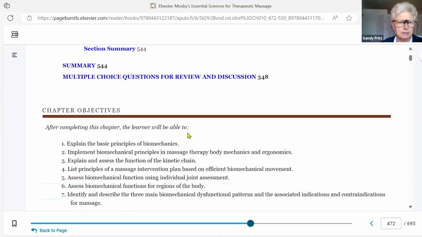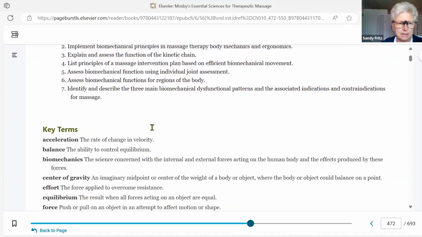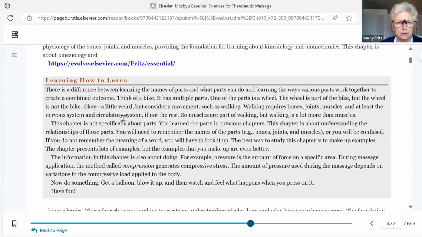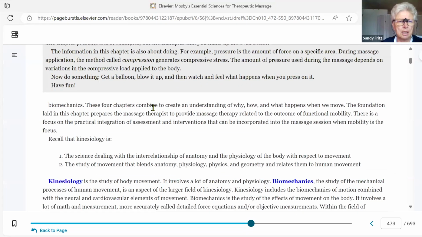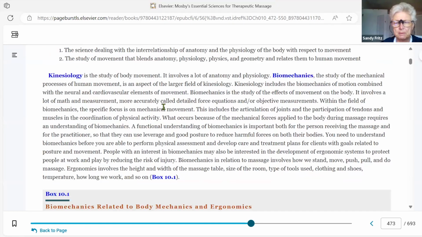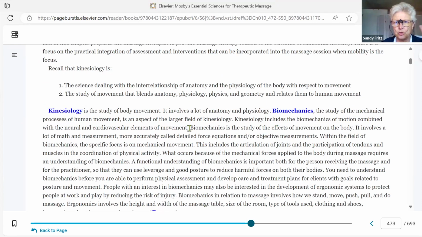All right, chapter objectives, key terms, learning how to learn, definitions on kinesiology. So kinesiology is the study of body movement. When we're learning the names of the bones and the names of the joints and the names of the muscles, that's a nomenclature.